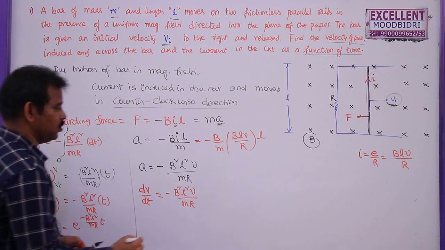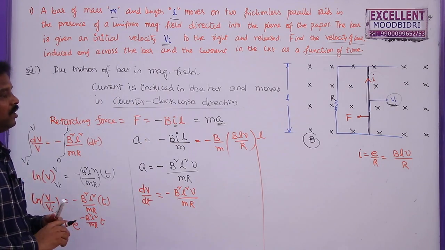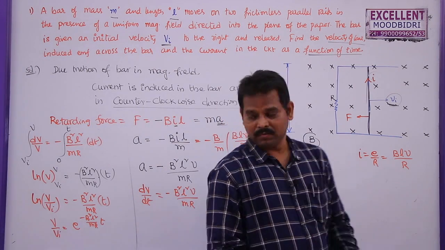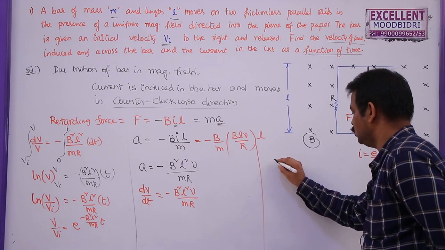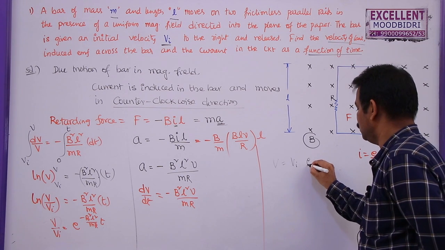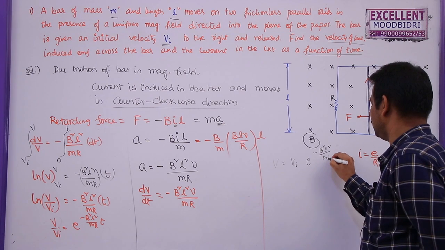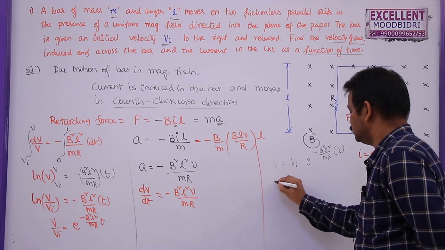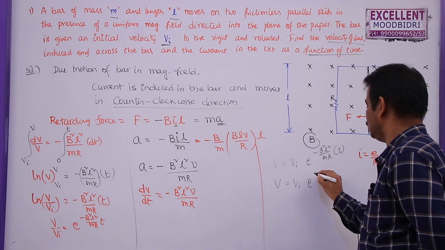Or V is equal to, finally I am going to write here, what is the velocity as a function of time. From that equation you can write velocity is equal to initial velocity into e power minus B square L square by MR into t. So the velocity v is given by the initial velocity into e power.